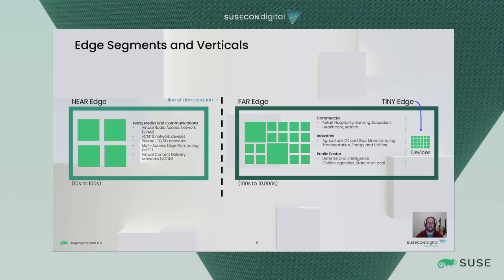We also have the distributed data center, which is not shown here. This is something that we're starting to find a lot more, but it's somewhere in between the near edge and far edge in terms of compute and numbers, but you're probably going to have more nodes per cluster.